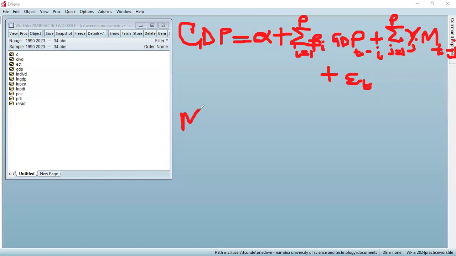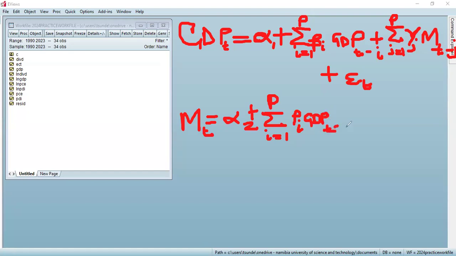And for money supply, we had, okay, this is GDP T, and this is M T is equal to alpha 1 and this one alpha 2, just to differentiate them, plus the summation of I is equal to 1 in sigma I GDP T minus I plus, J is equal to 1.